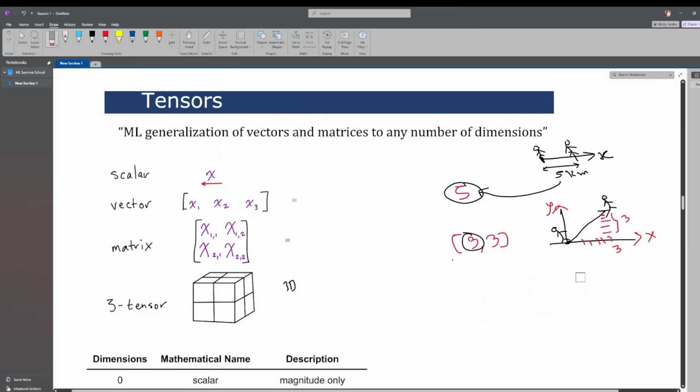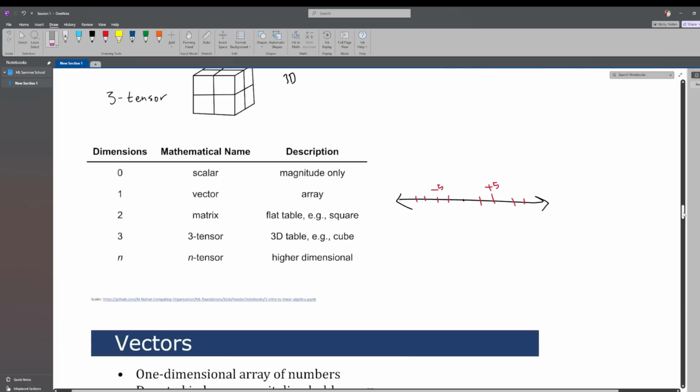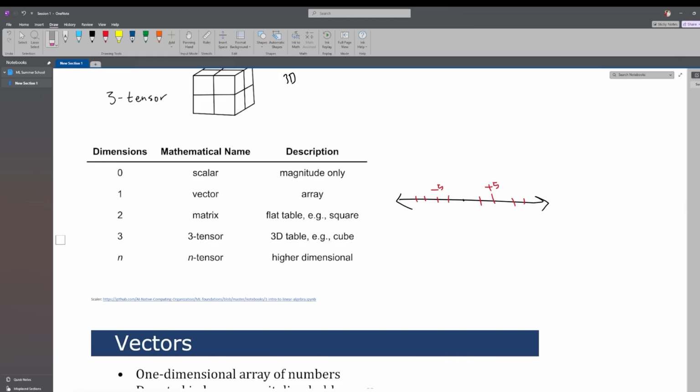If we look here, a scalar has dimension 0, there is no dimension. For the vector we have dimension 1, and vectors are some sort of arrays. For the matrix we in general have dimension 2. For 3D tensors we have dimension 3, and for n tensors we have n. There are a lot of examples we can come up with.